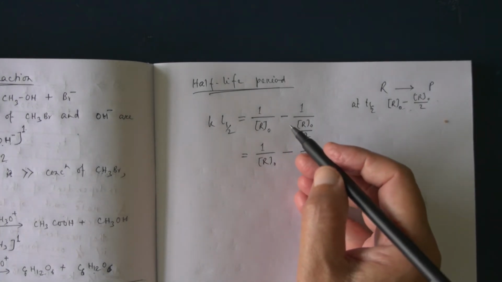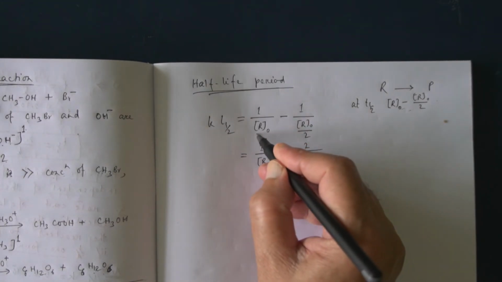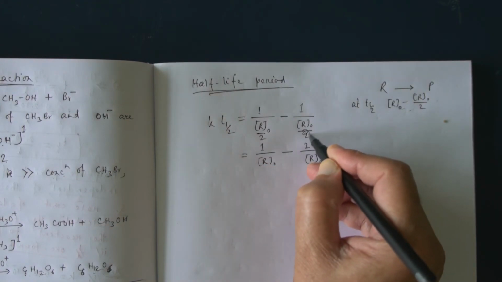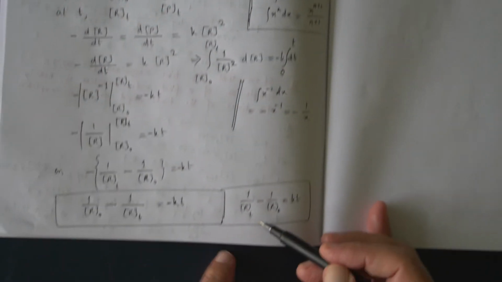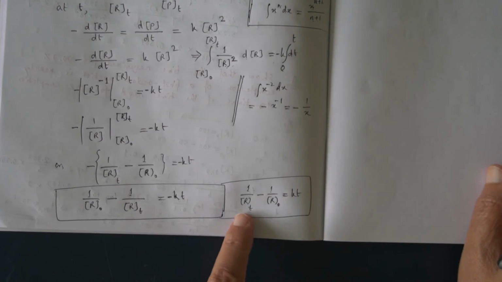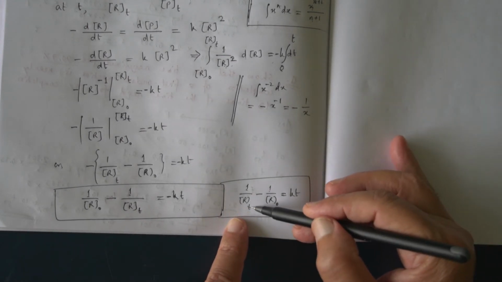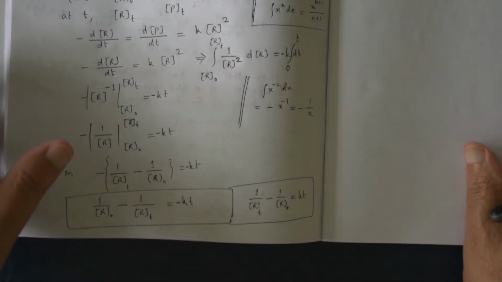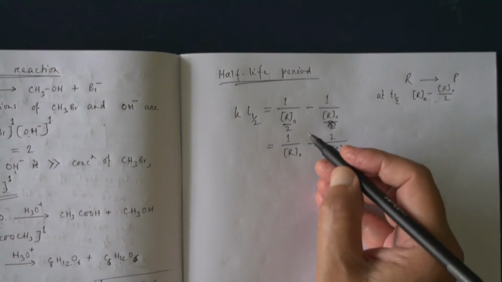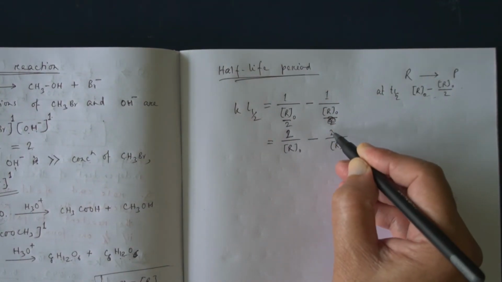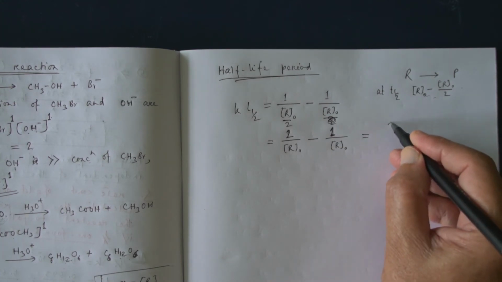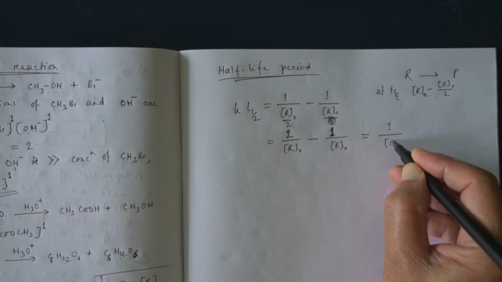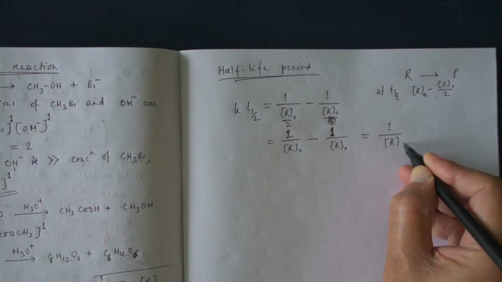So this will be R naught by 2, and this is R naught, because this is 1 by RT. So RT equal to R naught by 2, giving 2 minus 1, which is equal to 1 by R naught.